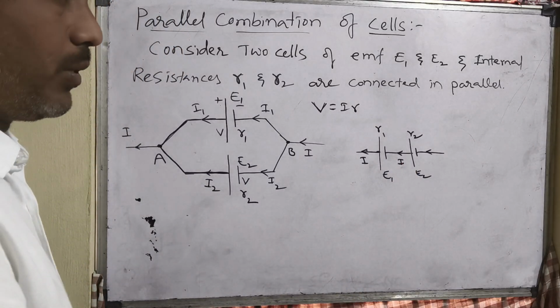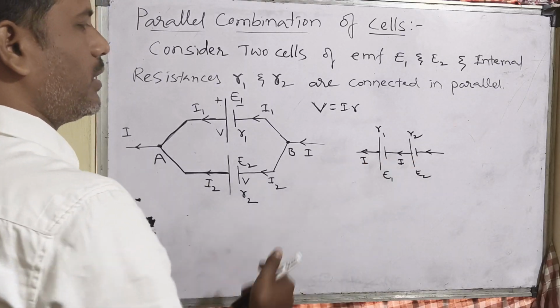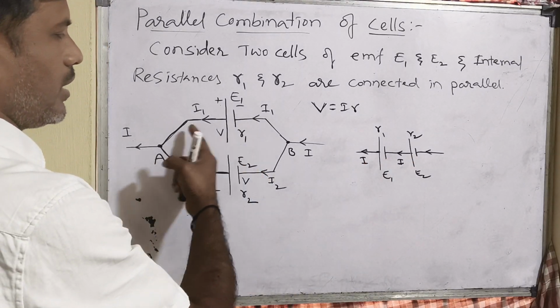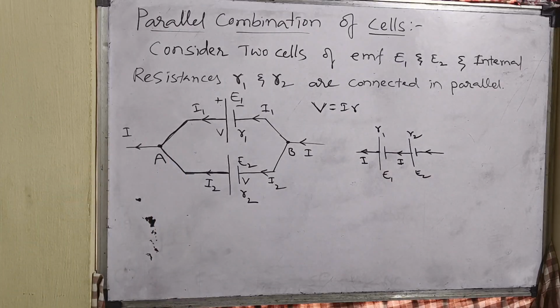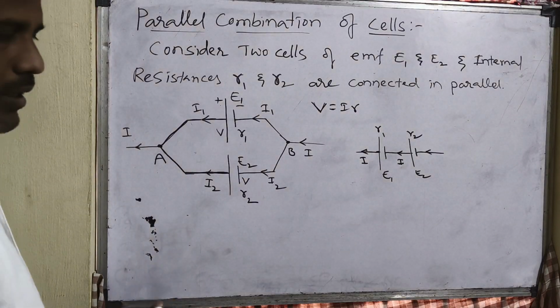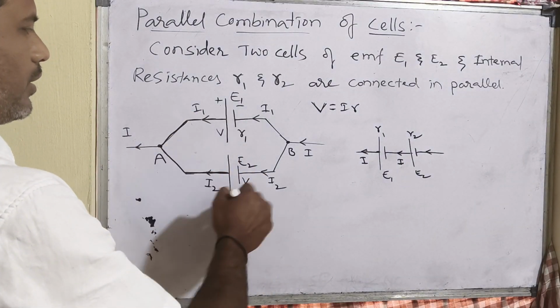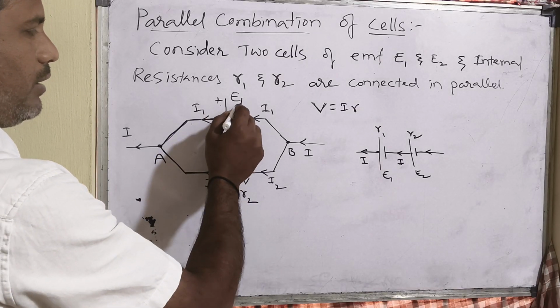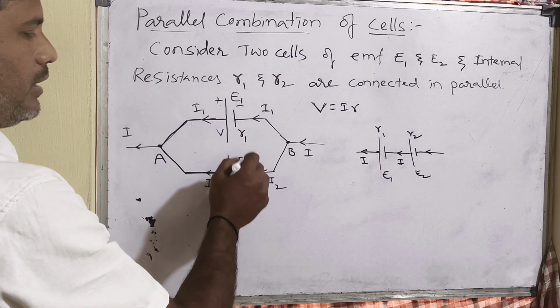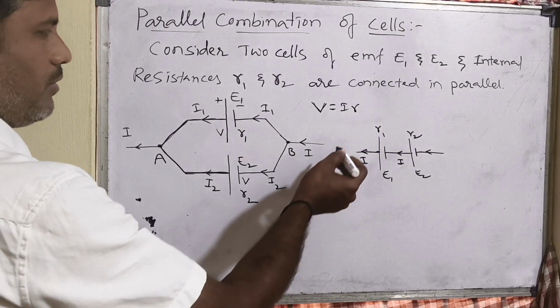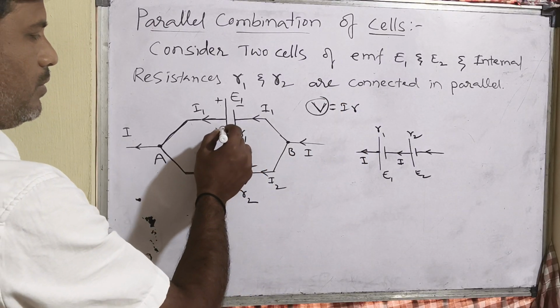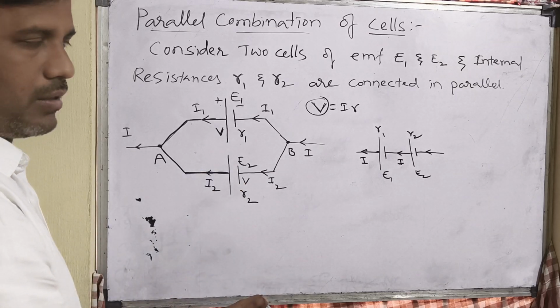The same combined current passes in a series combination, but here individual currents pass first and are combined afterwards. That is why in this circuit I1 and I2 are different currents, the EMFs are different, the internal resistances are different, and only the potential difference is constant.